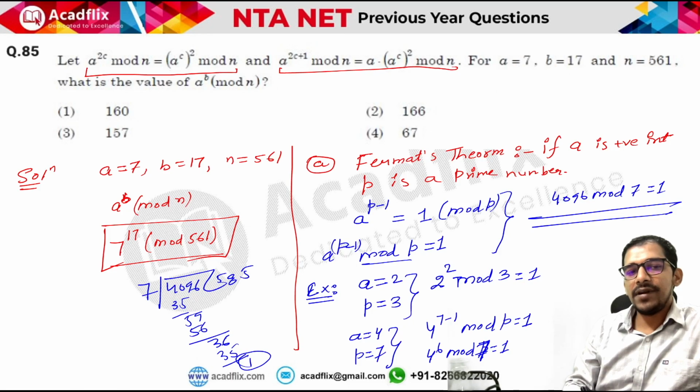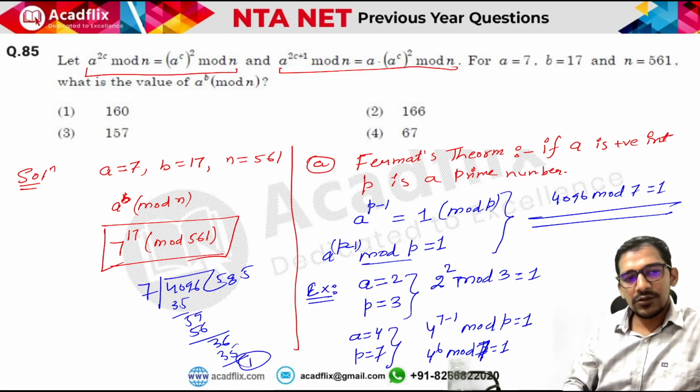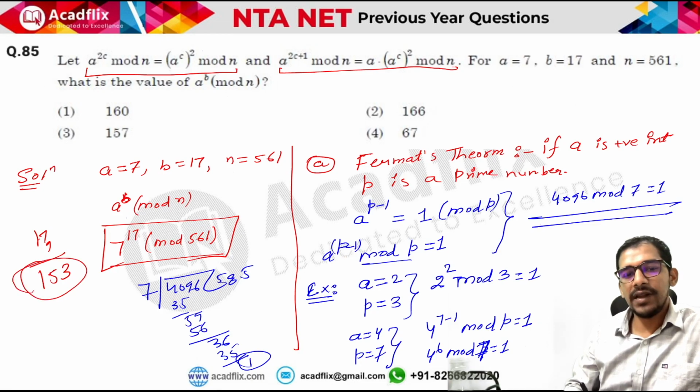For example, if we divide 160 by 3, we will get the remainder 1. If we divide by 11, we will get the remainder 6, and if we divide by 17, 17 into 9 is 153, so you will get the remainder 7.